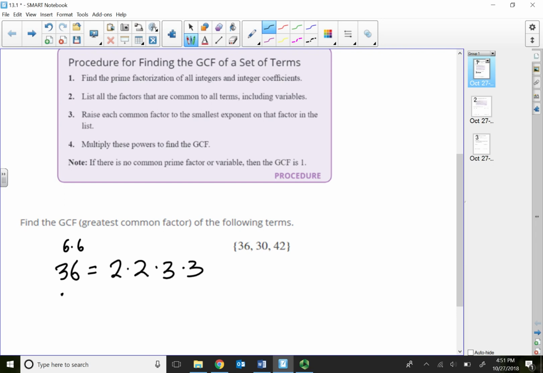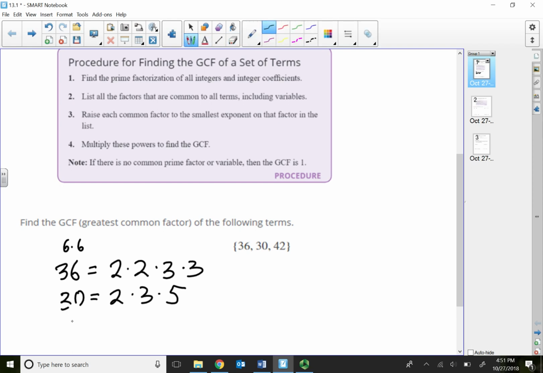30. When we see 30 and think of what number multiplied is 30, normally we think about 5 times 6. 6 is made out of 2 prime numbers, 2 and 3. 5 is already a prime number, so 30 is basically 2 times 3 times 5. All right, 42.